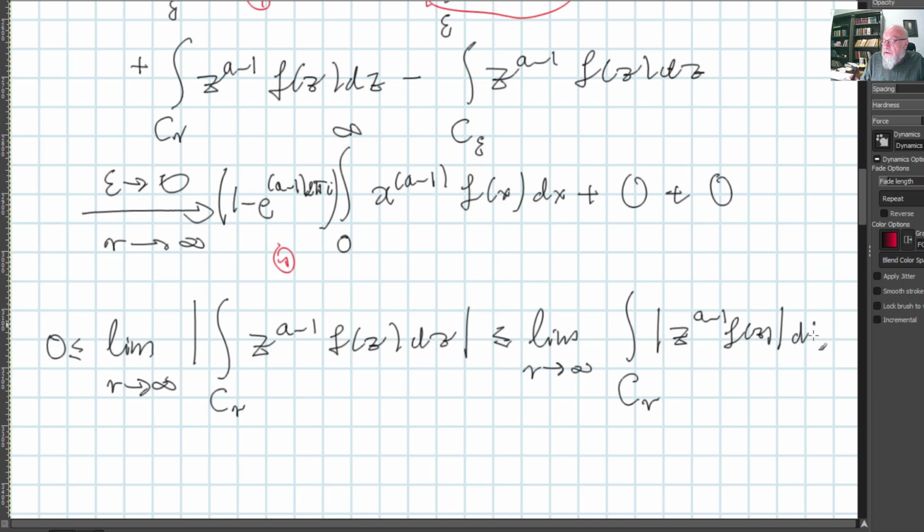This is z, and this will be line integral, scalar type.